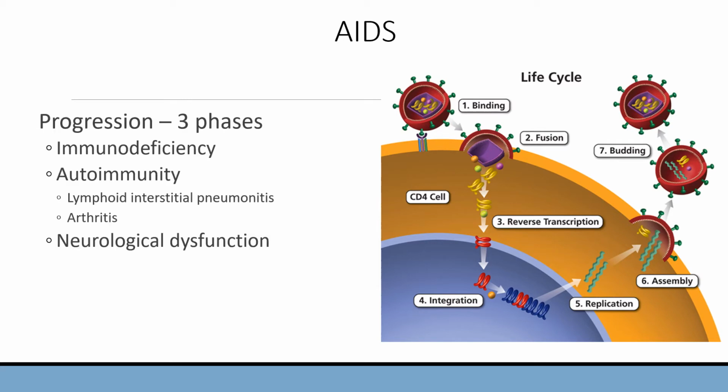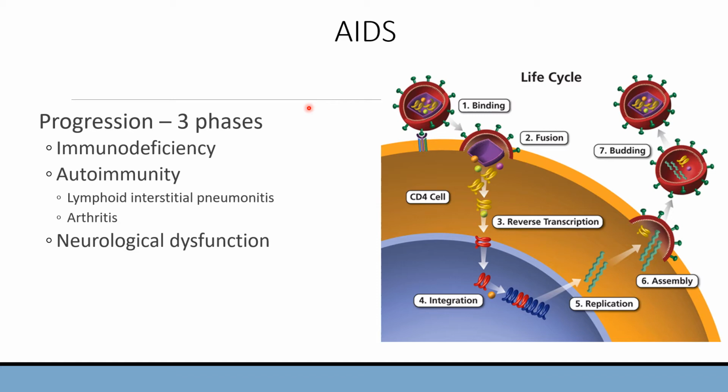All right, so AIDS progresses through 3 different phases: immunodeficiency, autoimmunity, and neurologic dysfunction. And so first of all, the immunodeficiency, right? So what is immunodeficiency? It is a dampening of our immune system, right? So if the HIV starts to take over our own helper T cells, this leads to a reduced immune response.